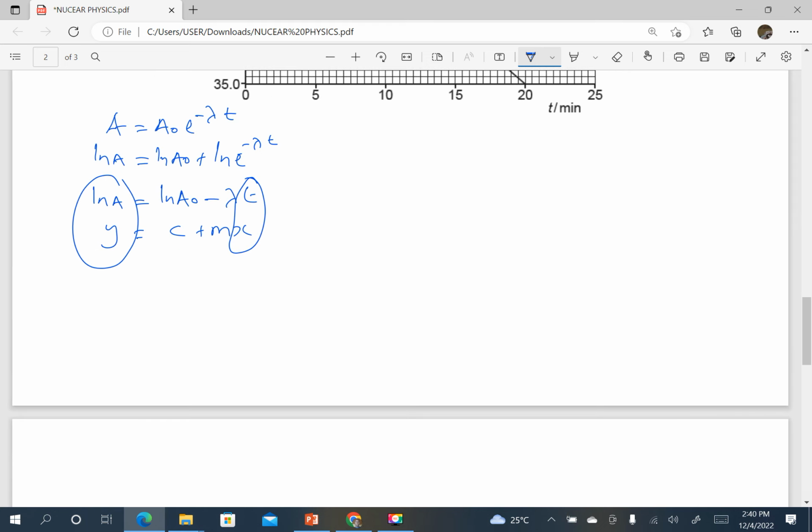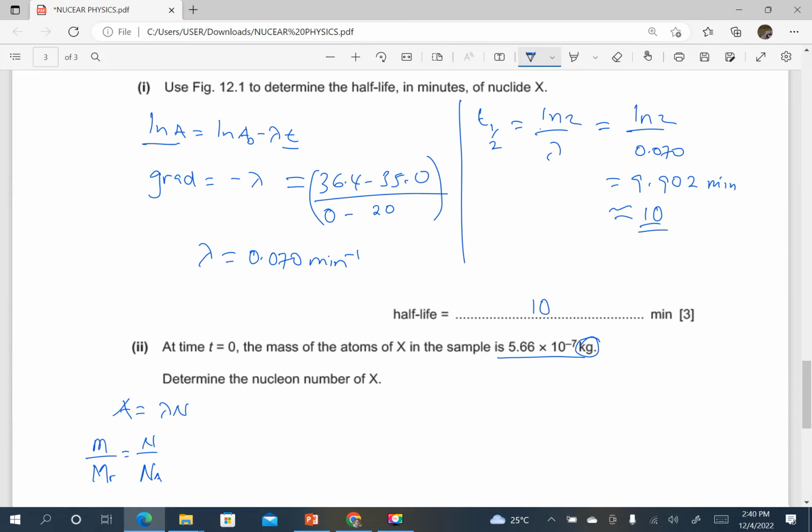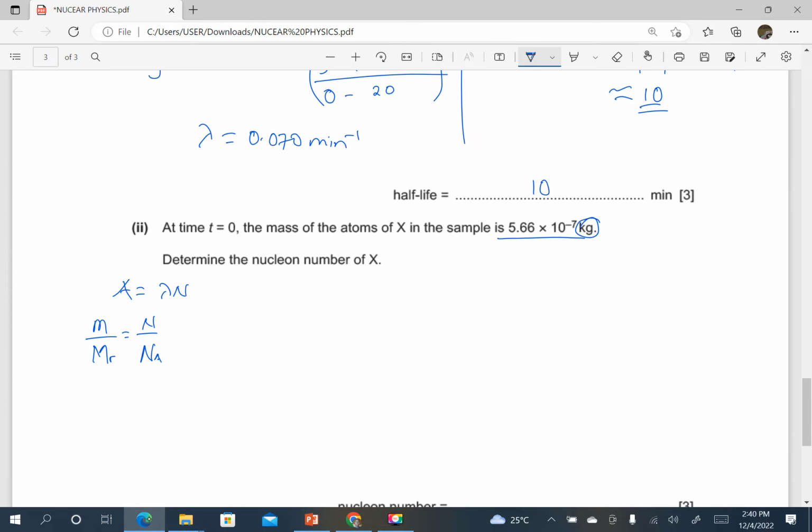I've just used the original expression: ln of A naught is 36.4. That is ln, so I can get A naught here.